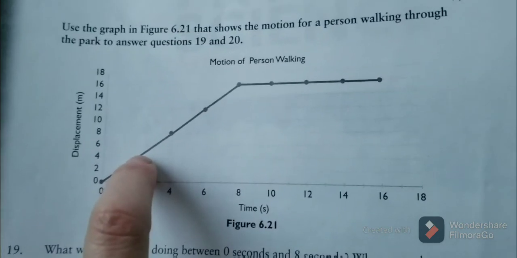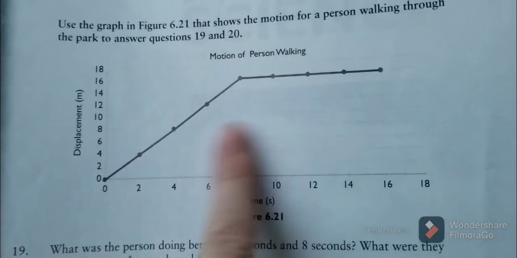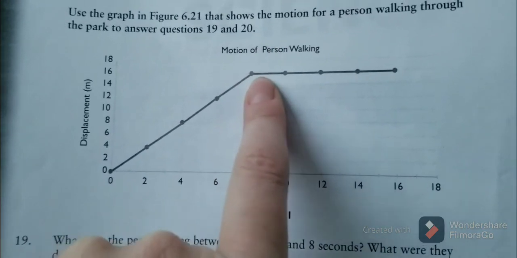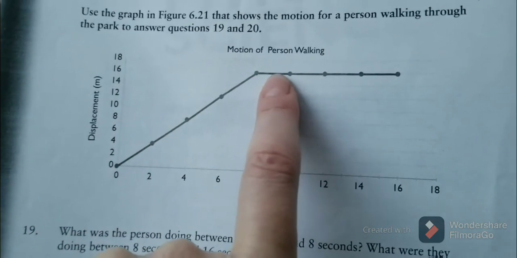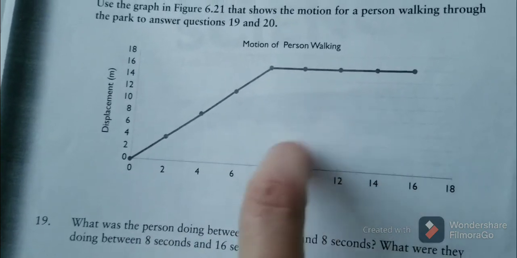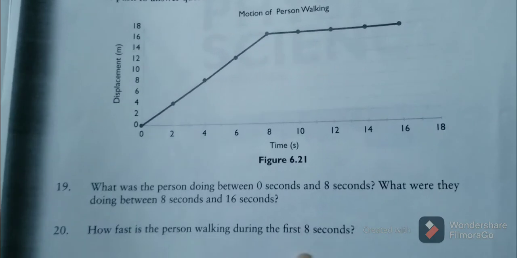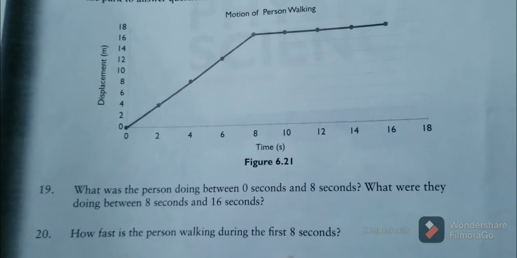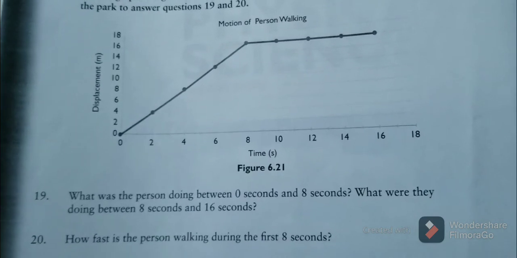Then, because this is a speed graph, remember that's key, we have the person over time not making any progress in their distance, so the person is standing still. If this was an acceleration graph, everything would be different here. This would not be the same answer. So beware of what kind of graph you're looking at. Usually an acceleration graph says acceleration graph on it somewhere.